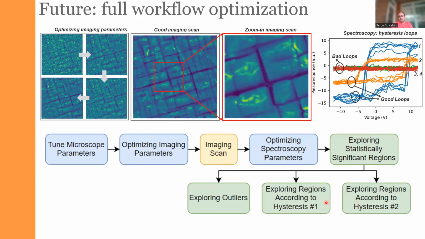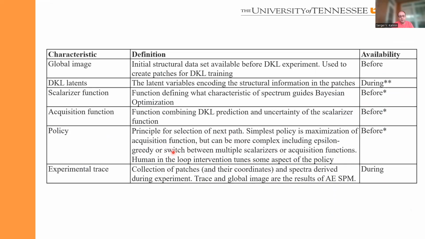So throughout this process, we actually need to be able to go back to optimization of spectroscopy, optimization of imaging parameters. So this becomes a more complex workflow. This is actually the case where the reinforcement learning becomes relevant, and that's the reason why we explore it now.